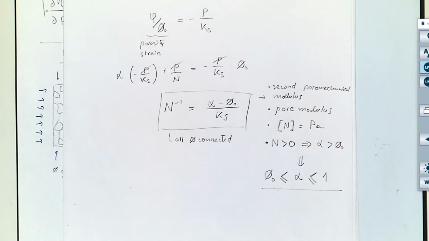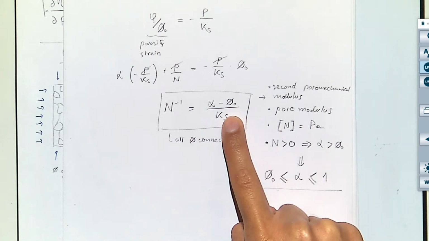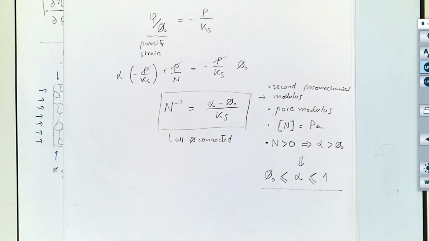Cameron, you had a question before that. Yeah, I was just going to ask, can you get a Pore Modulus of 0? No, you cannot get a Pore Modulus of 0, because your Ks is not going to be 0, your alpha is not going to be. Not Ks, but he's asking if your alpha is equal to your porosity.